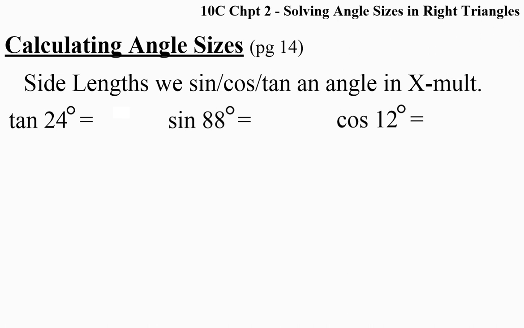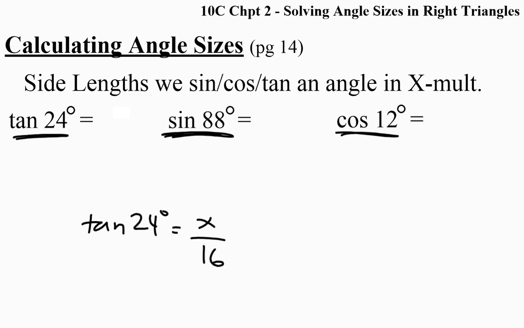Now, what we did calculating side lengths yesterday is we were punching in values like tan 24 degrees equal to x over 16, and we needed to solve for x, and we cross multiplied. Yesterday, we simply punched in tan 24 times 16. That was what we punched into our calculator.